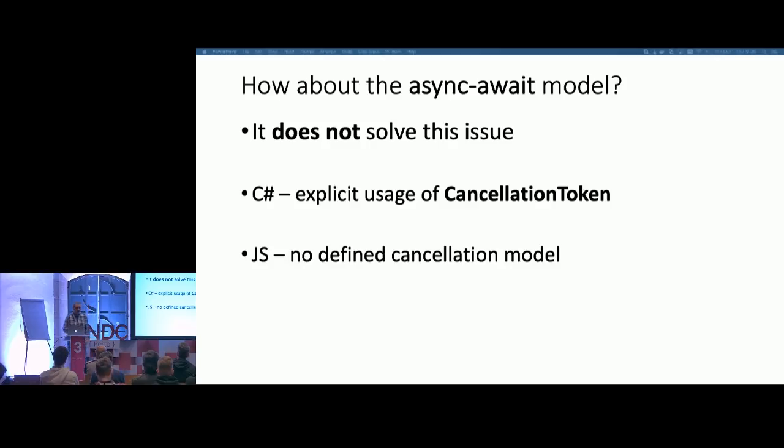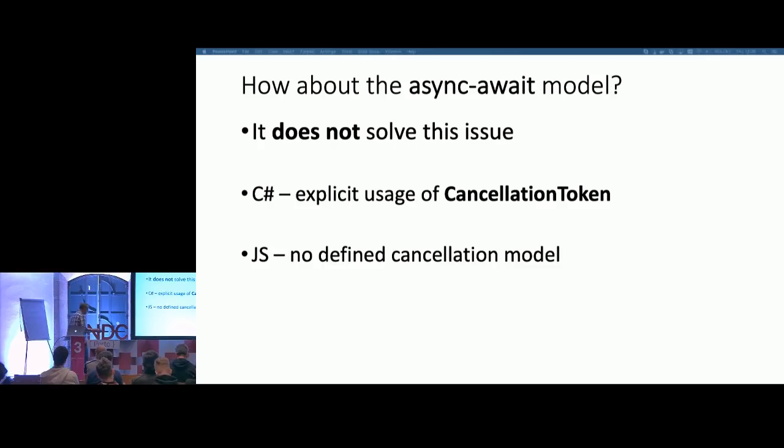So cancellation token needs to be viral. I call a function, I pass it a cancellation token. Any function that function calls needs to pass the cancellation token so that it is available on all the tree of asynchronous functions that I called. So it's a model, but it's not a very good model.